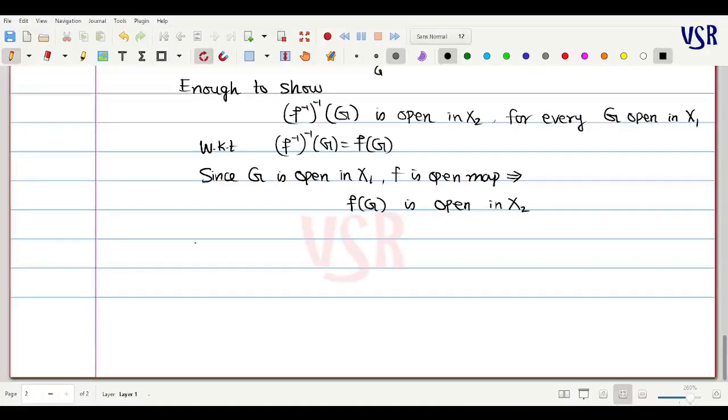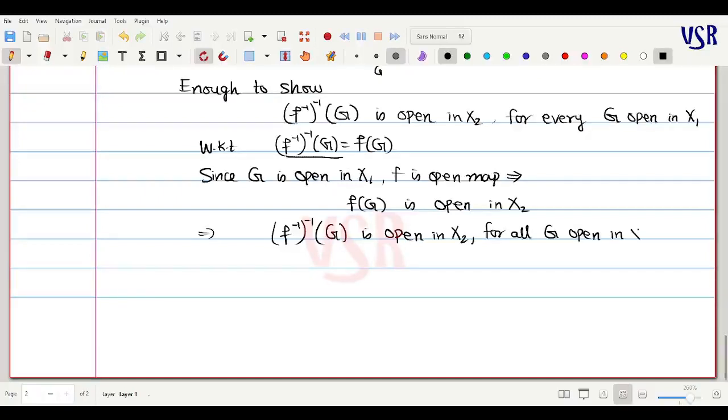So we can write this: f inverse of G is open in X2 for all G open in X1. So if we take an open set in X1, its inverse image under the function f inverse is open. So this implies that f inverse is continuous.